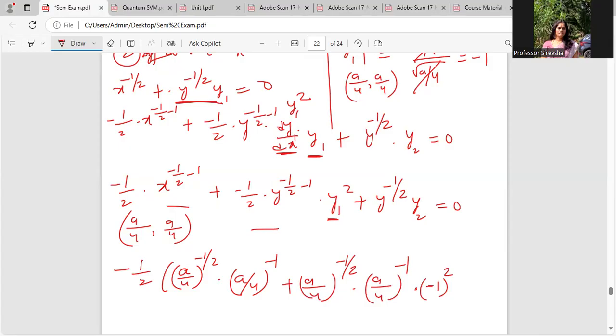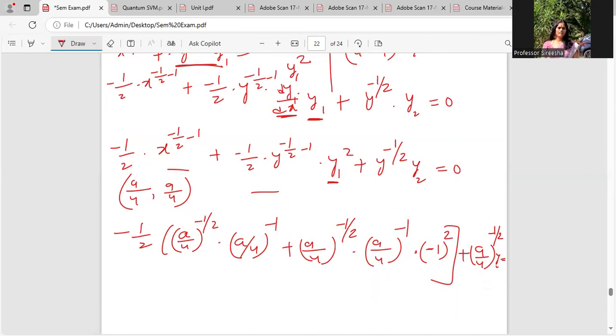If it was minus 1, then subtraction of these two would have given me 0, but then it is minus 1 whole square, so it is not giving me 0. Plus (a by 4) whole power minus 1 by 2 into y2, this is equal to 0, right?